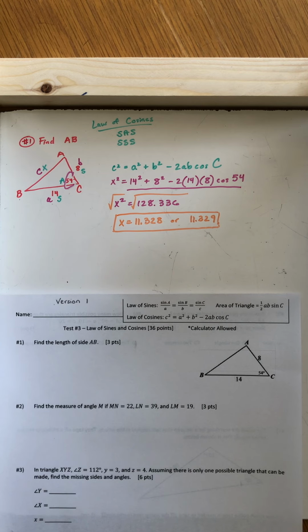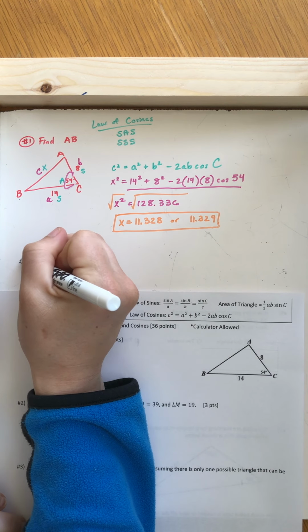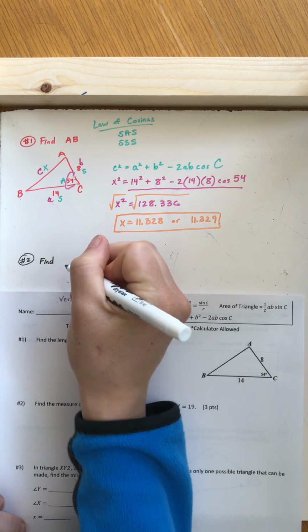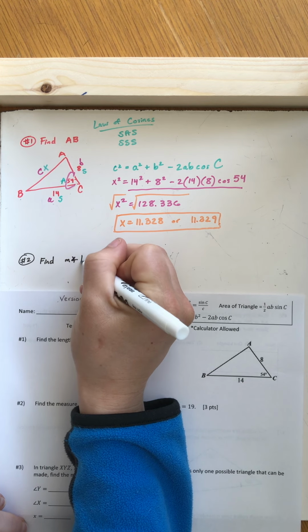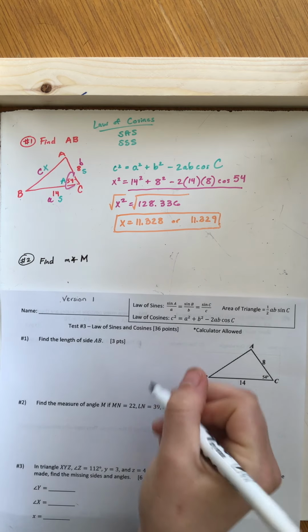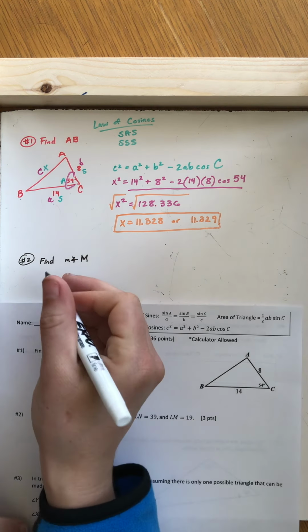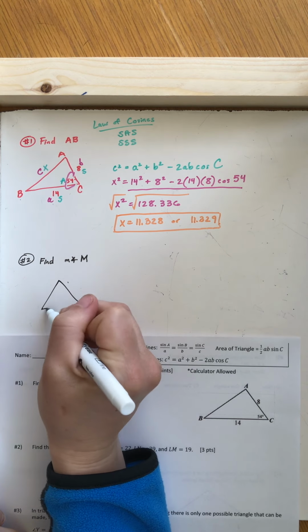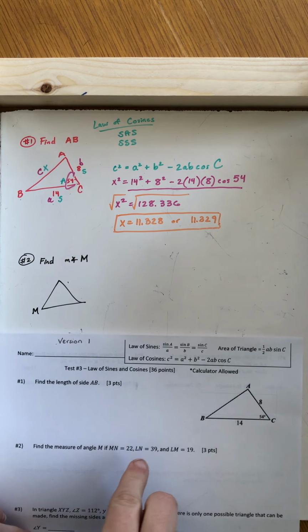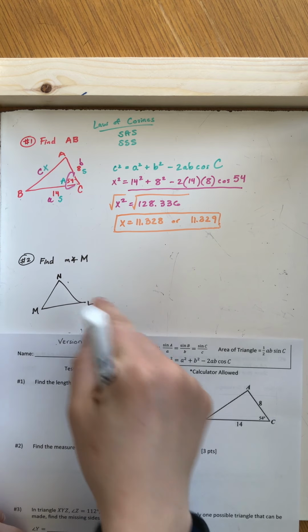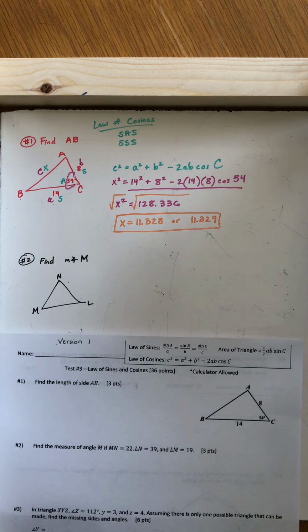For number 2, you're finding the measure of angle M. And then it gives you the 3 side lengths. So I'm going to go ahead and draw the triangle. We have M, N, and L. And it doesn't matter in which order that you put the numbers.